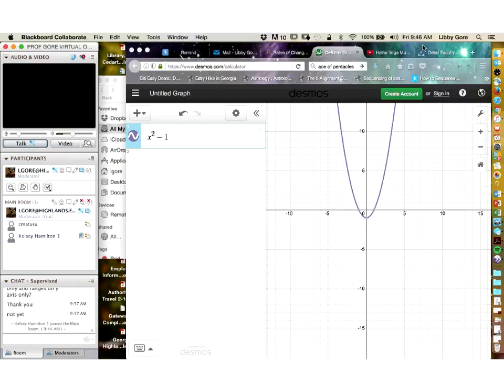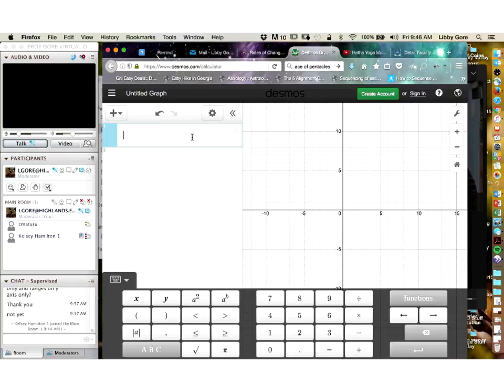And this time, my function is, let's see, 1 plus 4x divided by 2x minus 1. Okay. So, notice that we have 2 pieces of our function here.